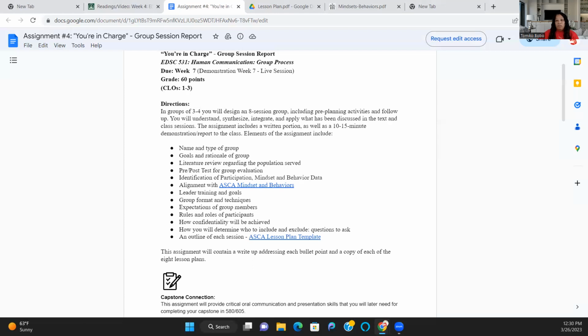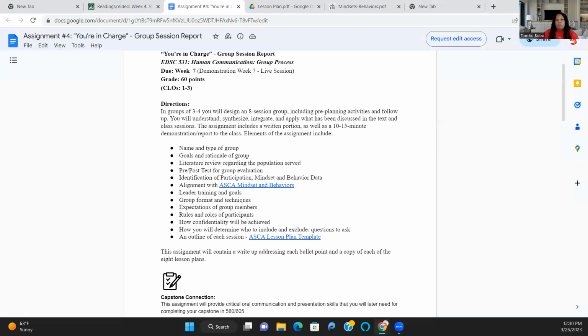And the population served would be students with multiple Fs. Likewise, if I was doing a social skills group, well, there's a lot of literature out there right now that is talking about the effects of the pandemic and why people need more mental health and so on.